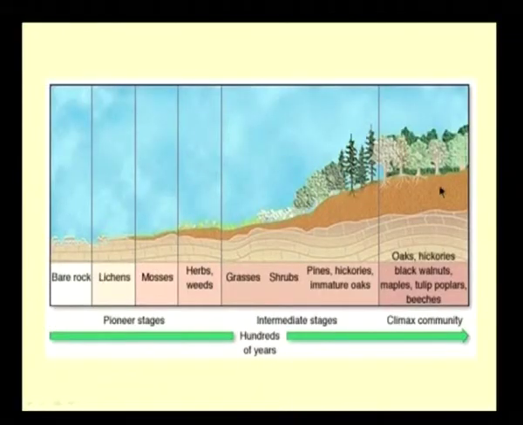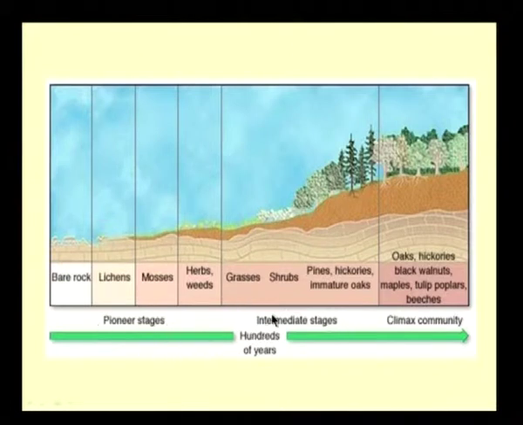Next we go to the secondary succession, before which we can just have a look at this diagram. You have the bare rocks, for instance, lichens are just colonizing this region, and you have the mosses, herbs and weeds. So, this entire stretch, this green bar shows you the pioneer stages.